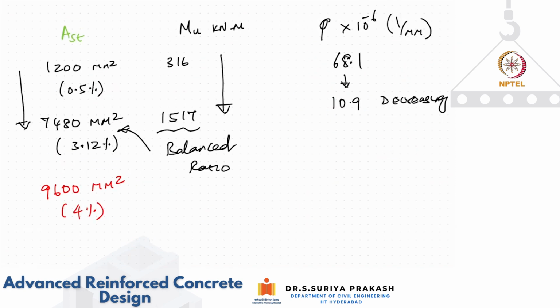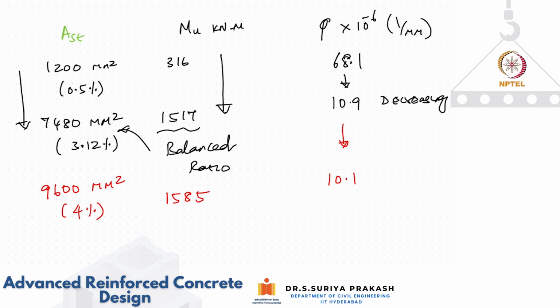So you see here, if I put more steel than the balanced ratio, from 7480 to 9600, the moment capacity has only marginally increased. I have put almost 2100 mm square more than the balanced condition. However, the moment resistance I am getting has only marginally increased from 1517 to 1585 kilonewton meter, not much. But curvature is also reducing.